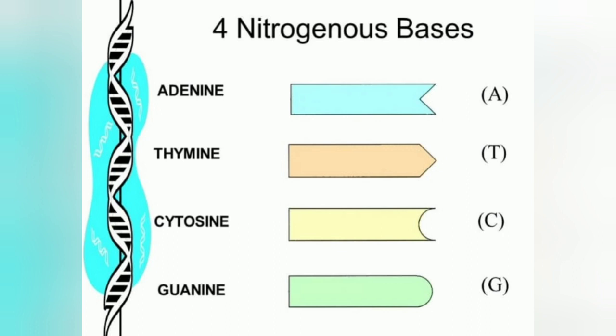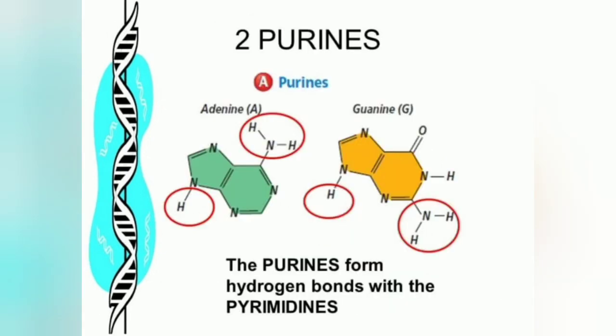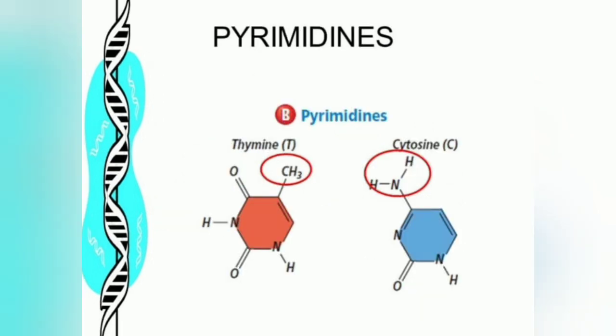From the four nitrogenous bases, adenine and guanine are called purines, and the purines form hydrogen bonds with the pyrimidines. You can see throughout this slide. And from the four nitrogenous bases, thymine and cytosine are together called pyrimidines.